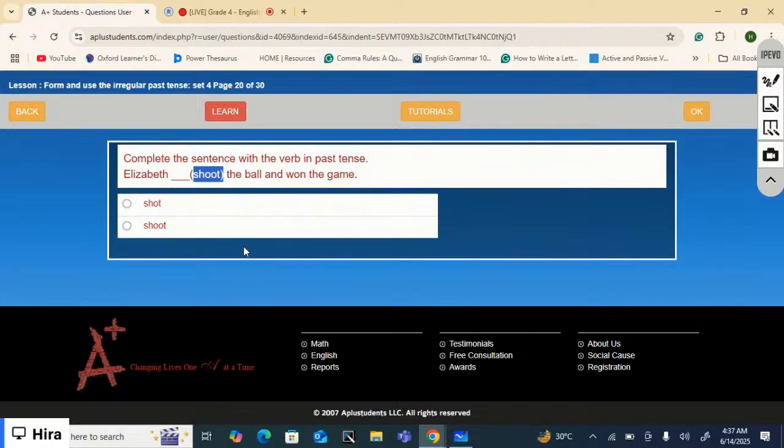So, Teniola, you are here. If you are answering this one, yes, it is option one, shot. Elizabeth shot the ball and won the game.